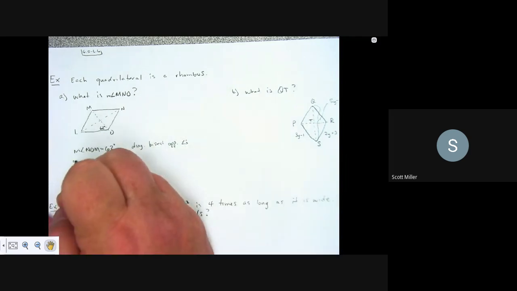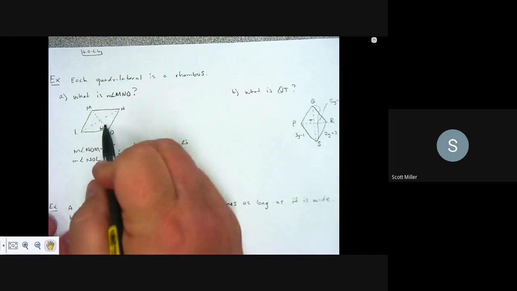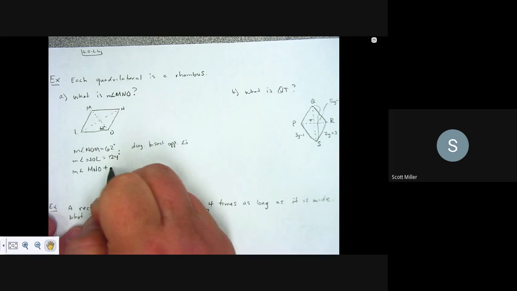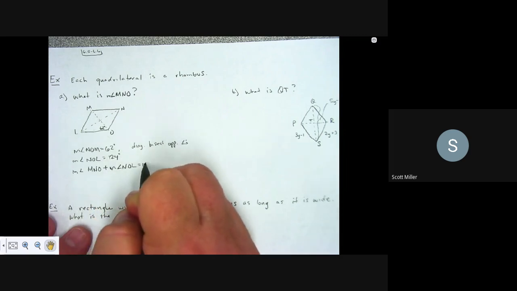I also know then that angle NOL equals 124 degrees because you just add the two together, angle addition. I know that the measure of angle MNO plus the measure of angle NOL is 180.